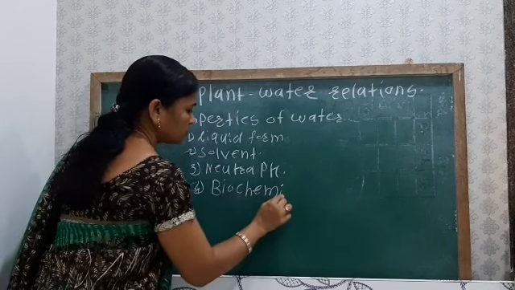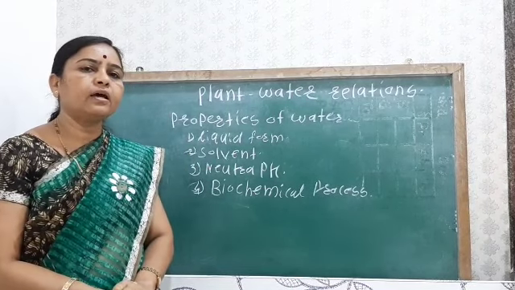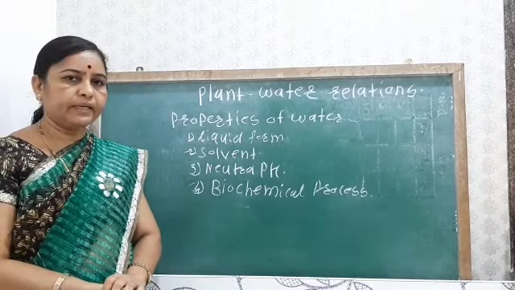Photosynthesis is a biochemical process, and due to photosynthesis the plants prepare food material. By using water and CO2, carbohydrates are produced. So water is most essential for biochemical processes like photosynthesis.